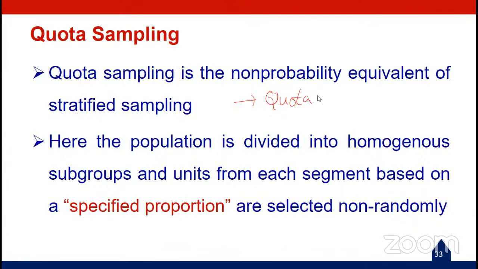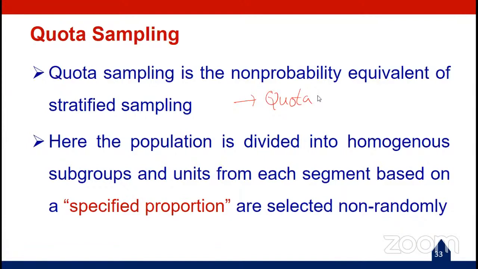So much percentage is reserved for students from the sports quota, so much for students from a rural background, and so much for children of army personnel. Quota means some percentage is reserved.